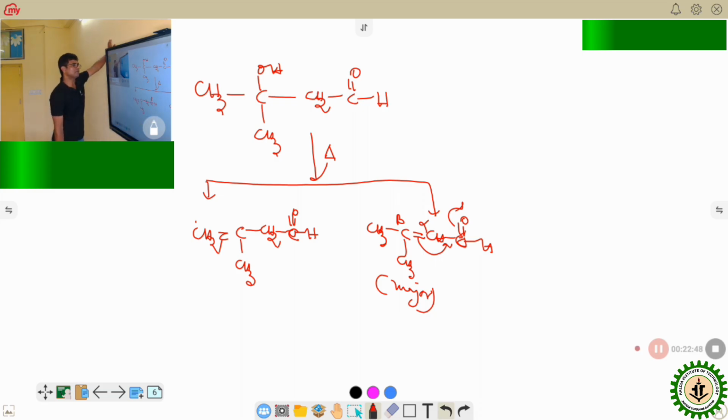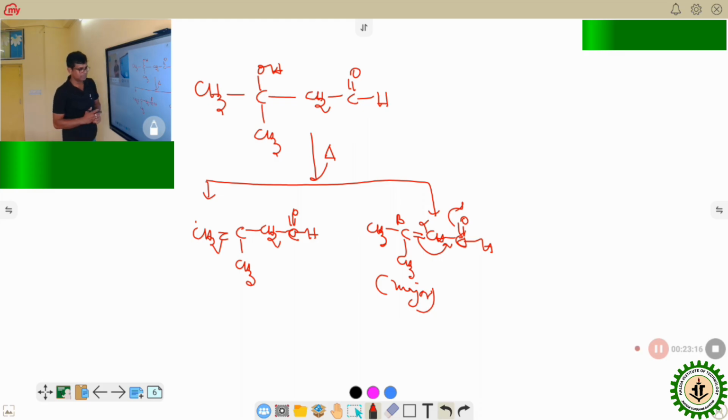Now another class of reaction, that is the intramolecular aldol condensation reaction. In this case, when a dialdehyde or diketone compound is treated with a base, intramolecular cyclization takes place, followed by elimination of water to form an alpha beta unsaturated ketone or aldehyde.